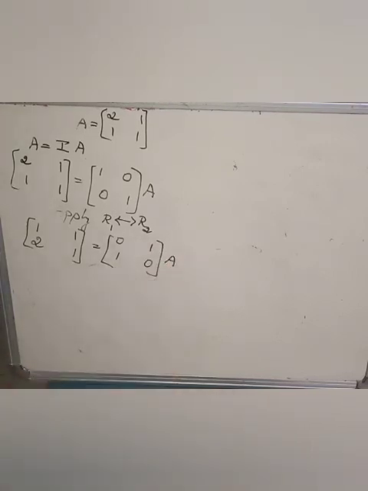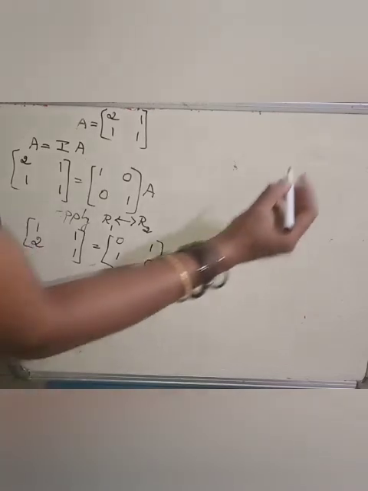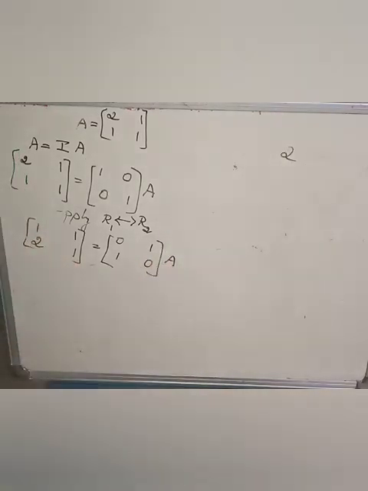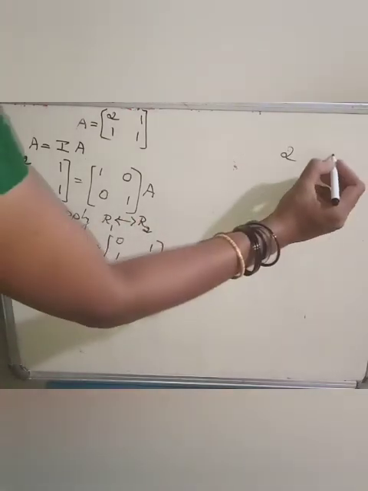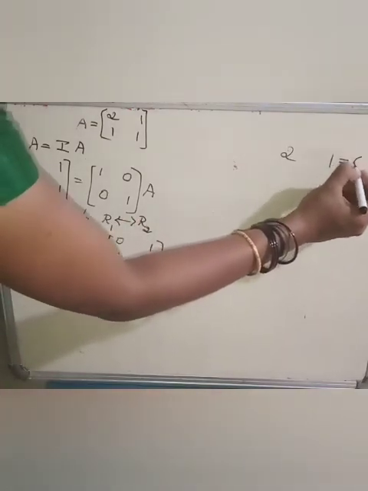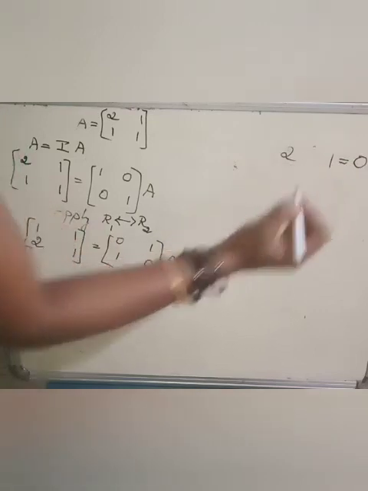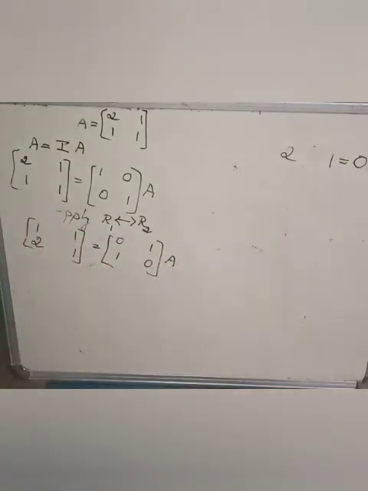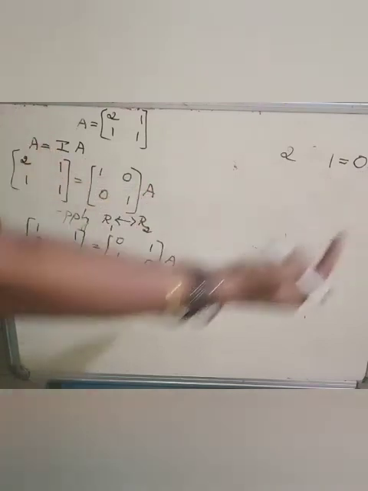Now this is 1. Either make this entry 0 or this entry 0. Now we'll make this entry 0. Same procedure. In row 2 there is 2, and the corresponding row 1 entry is 1. If you apply some mathematical operation, the final answer should be 0.